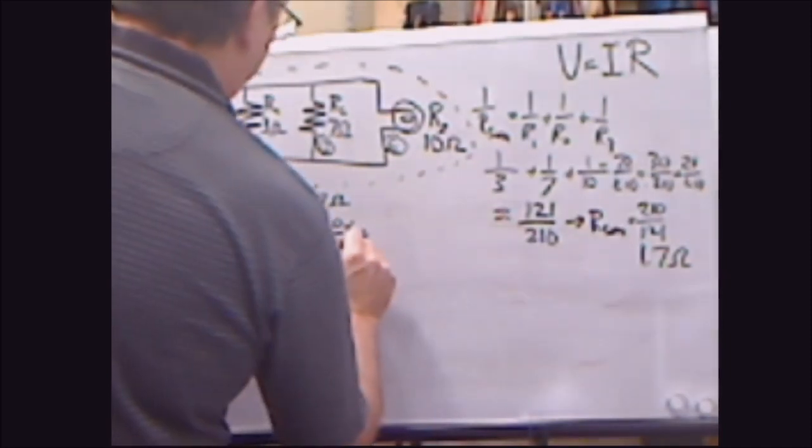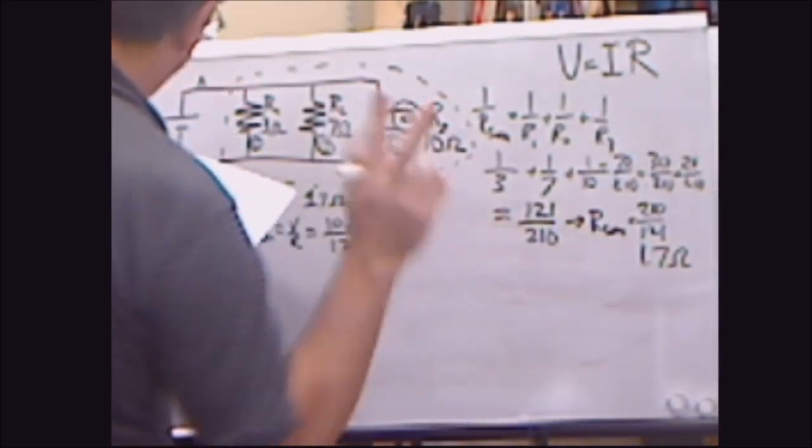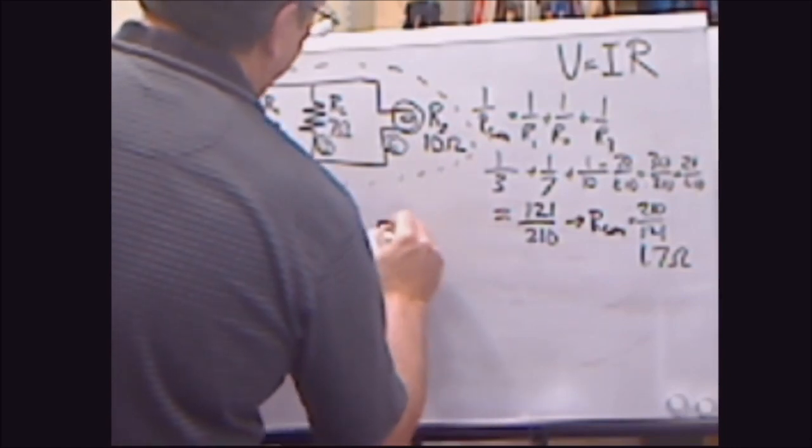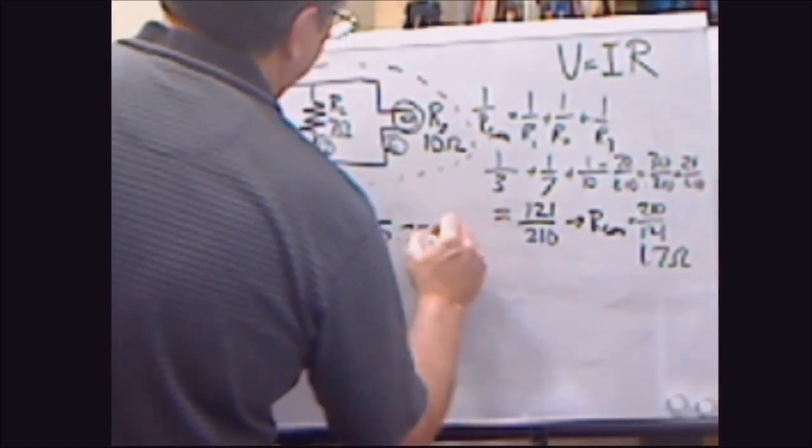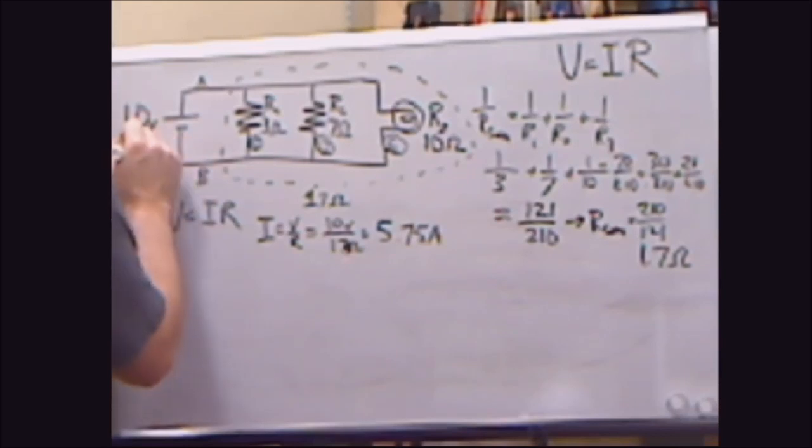I'm going to put 1.74 in there because we wanted to use 2 decimals. So that's going to give us 5.75 amps coming off here.